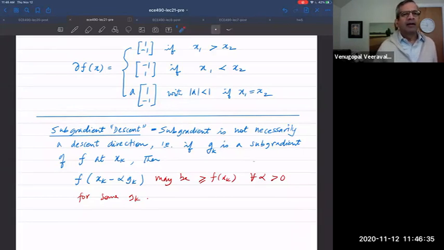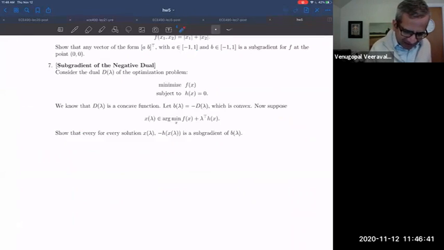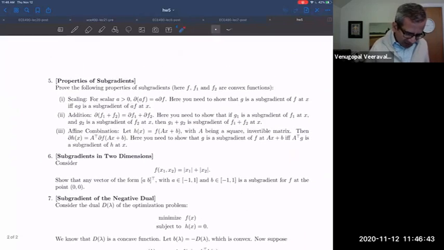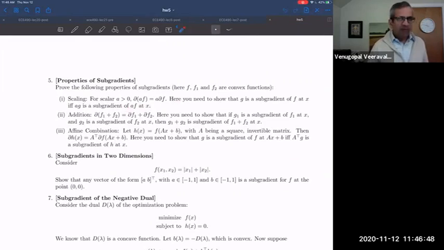I guess to further clarify, this is about the if and only if here. When you claim that G is a subgradient of f at x, the definition says that f of y should be bigger than f of x plus G transpose (y minus x).